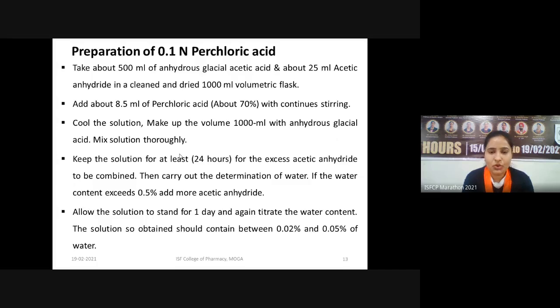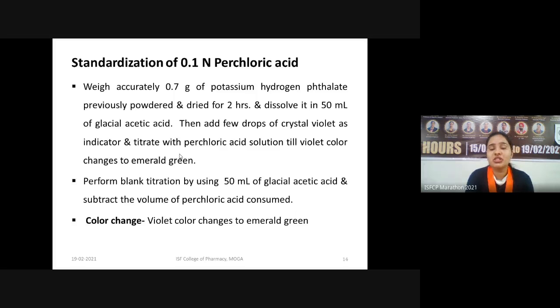While preparing 0.1 normal perchloric acid, we should be very sure that the water content is not more than 0.5%, because the water present in the flask will interfere with the reaction. Next was the standardization of 0.1 normal perchloric acid.